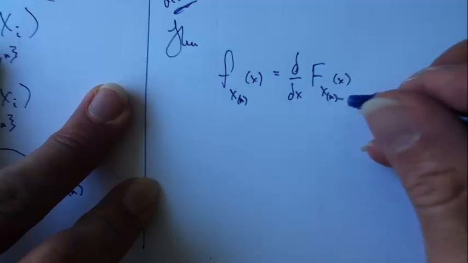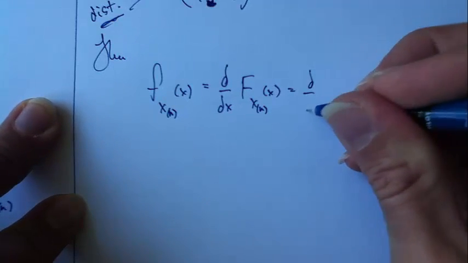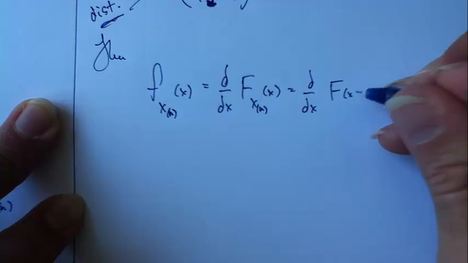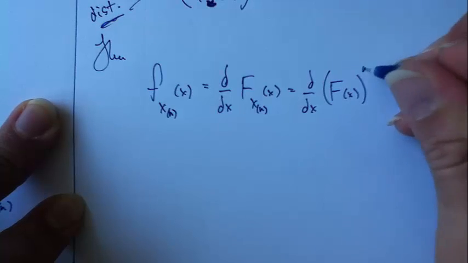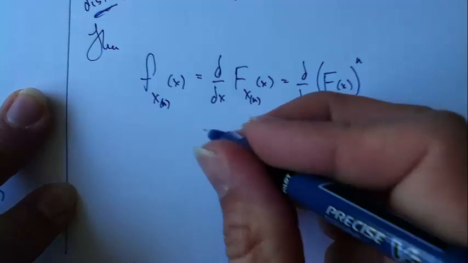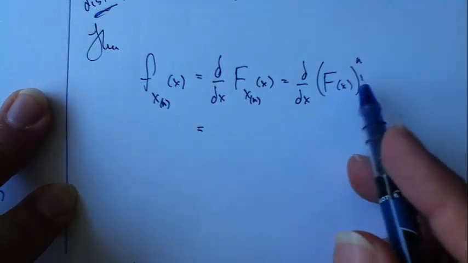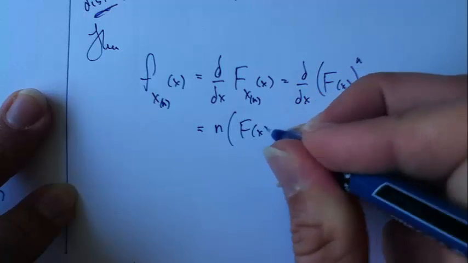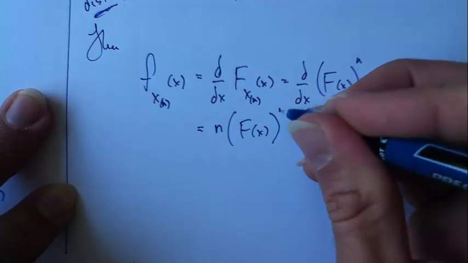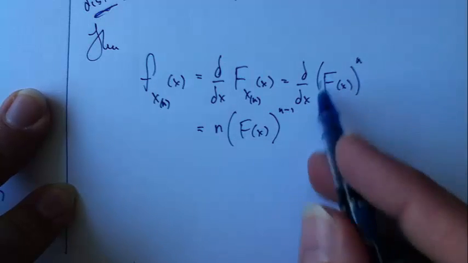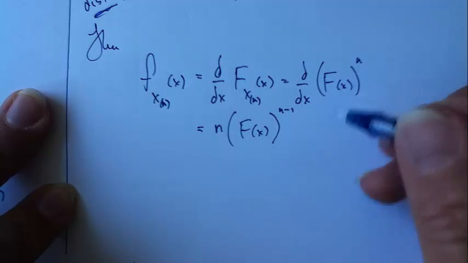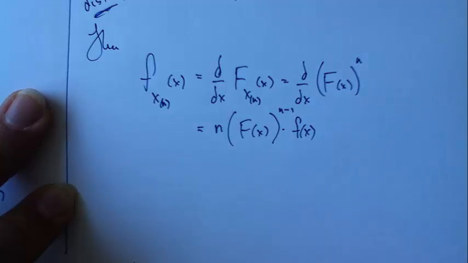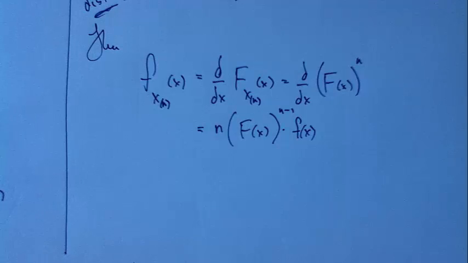And so now I'm just going to substitute in there my expression for the CDF of the maximum. It's just the common CDF raised to the nth power. Okay, so how do I take the derivative of all this stuff? It's going to be n times f of x raised to the n minus 1, but then I've got to come back and differentiate the inside. The inside is just the common PDF, right? Good.